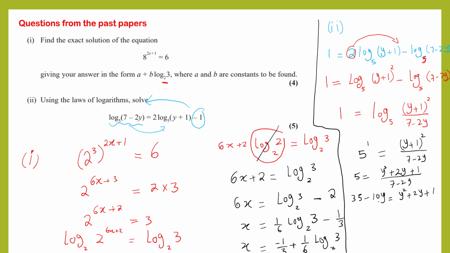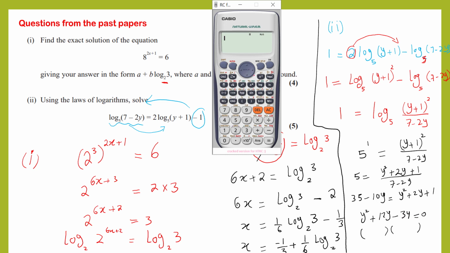So if we keep them all on one side, it will be y squared, then plus 2y, and you will take the minus 10y over there as plus, so we have 12y, and 35 will go minus, so it will be minus 34 equal to 0. We use the quadratic mode, where a is 1, b is 12, and the last one is negative 34.